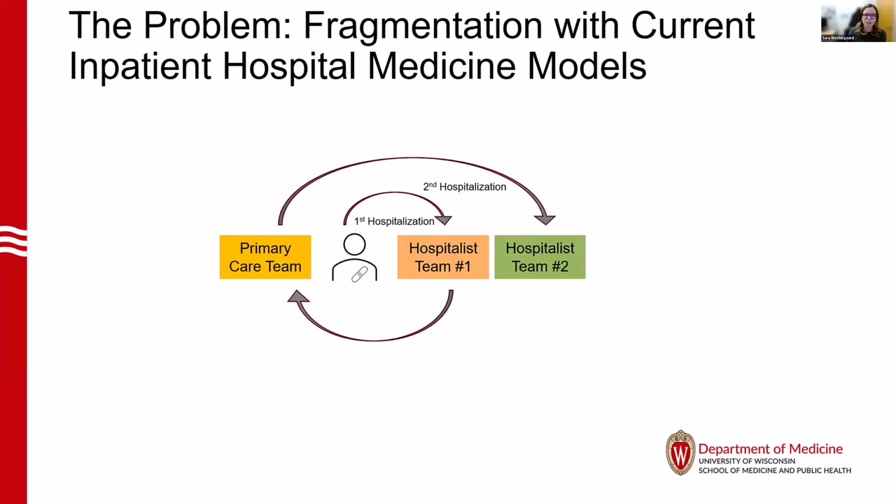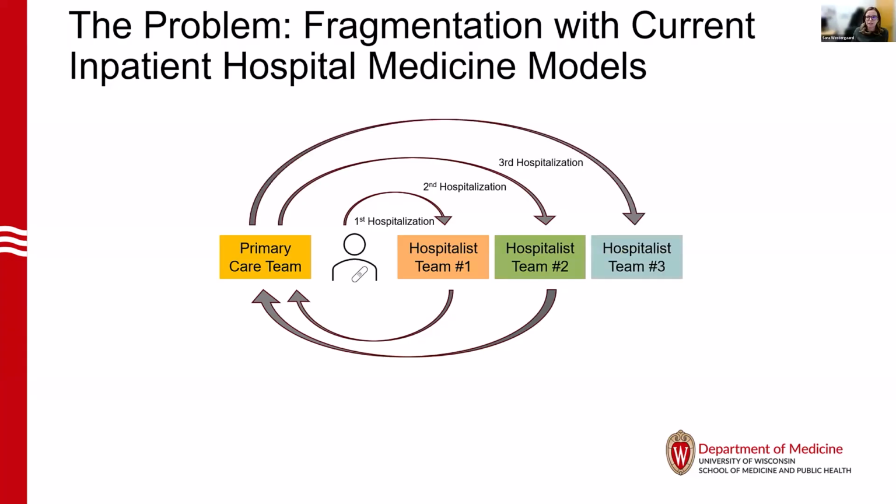Those clinicians have to relearn what has happened on prior stays, and this can become very dissatisfying for patients as well as providers. Patients get discharged back to the primary care team, although we often have patients getting readmitted before they're even able to establish or follow up with outpatient providers, and then they get readmitted again. You can just see how problematic this cycle can become.